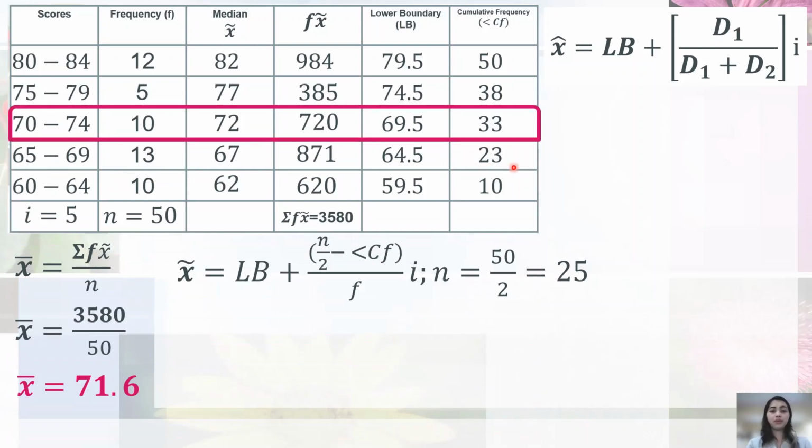So, we will have this. Now we can get the value for the lower boundary. We know that n divided by 2 is 25.